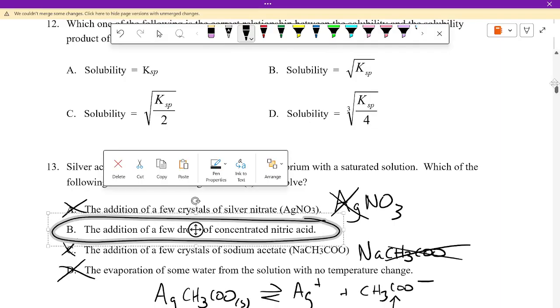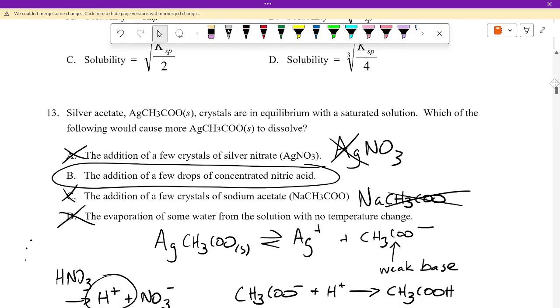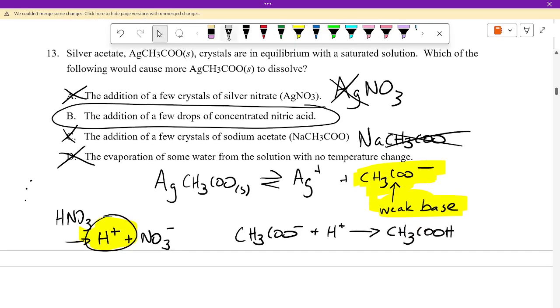So we have eliminated A, C, and D, but why is it B? Well, we've got CH3COO minus, which is a weak base, and we are adding hydrogen ion to that. When we add hydrogen ion from a strong acid to a weak base, that's going to go to completion.